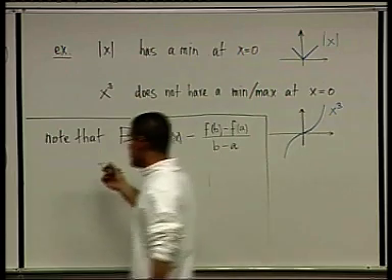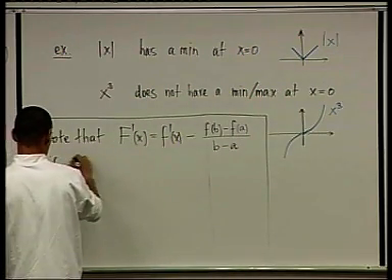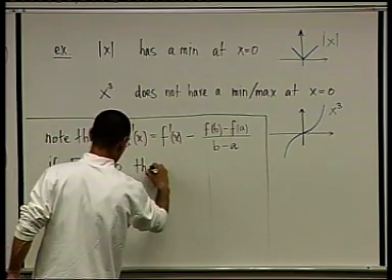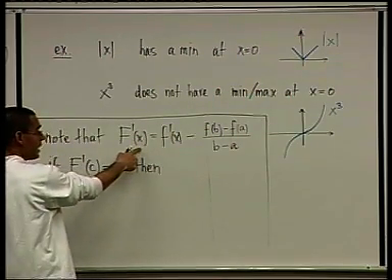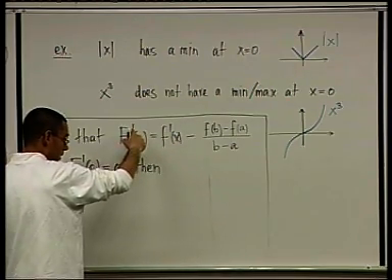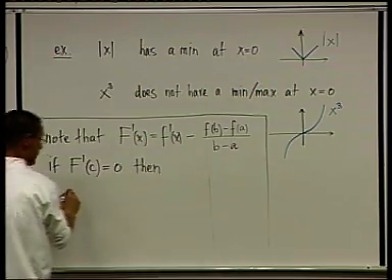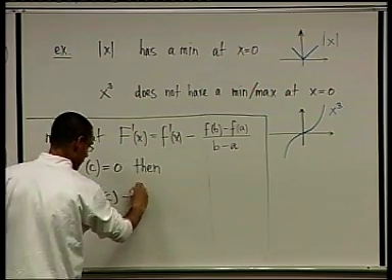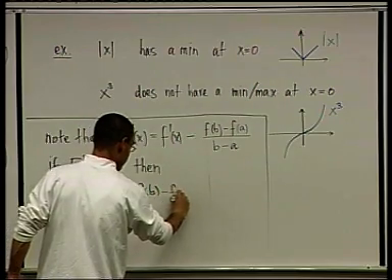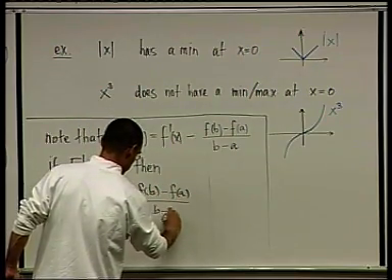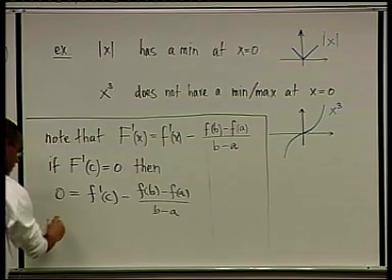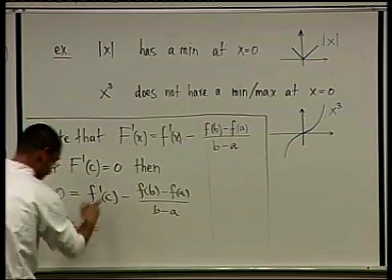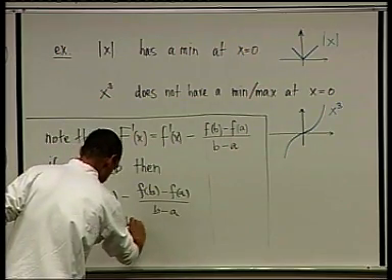If F prime at c equals 0, which is what Rolle guaranteed, then when I plug in c, I get here 0. So I get 0 equals little f prime at c minus this expression. And when I move this to the other side, I get that f prime at this same point c is precisely what I wanted.